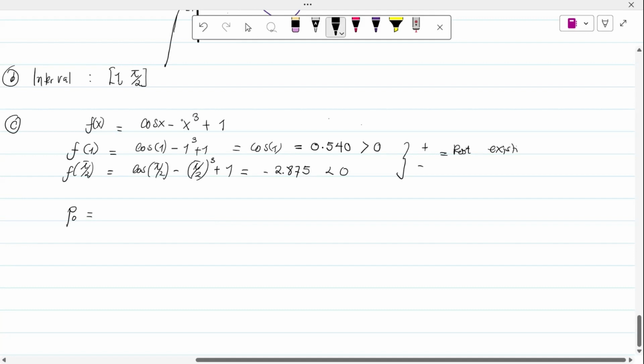It's okay, there's no problem, this is just naming. So you start with 1 plus pi over 2, divided by 2. What do you get? 1.285.